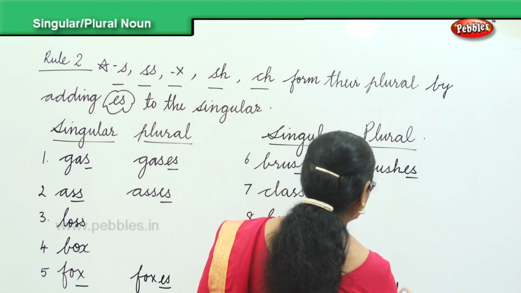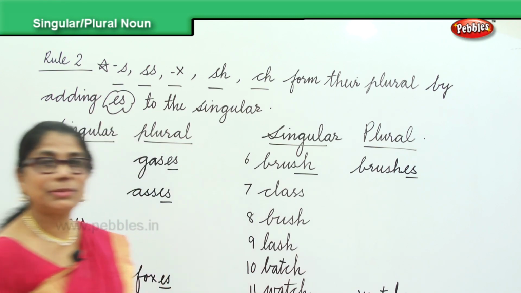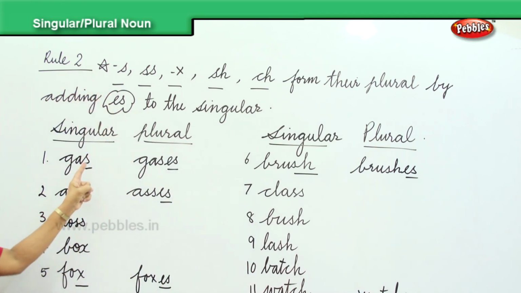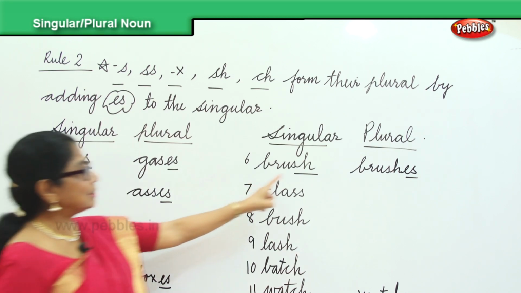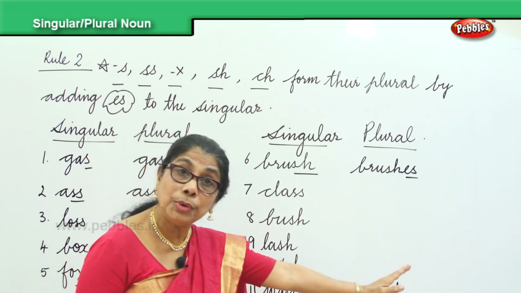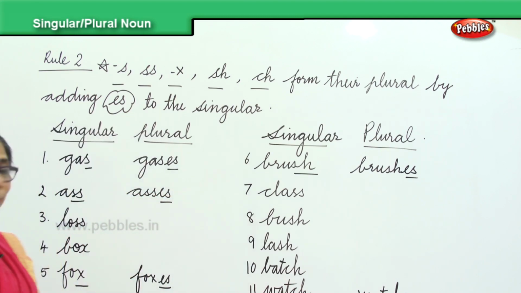Watch, and you add es, watches. You saw? So, the rule number 2 is the nouns ending in s, ss, x, sh, and ch. We form the plural by adding es to the singular. Now, let's complete the rest. Loss, losses.